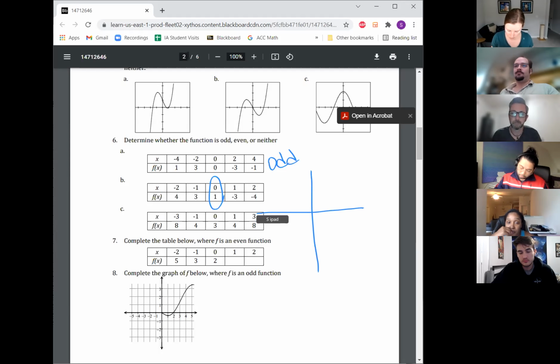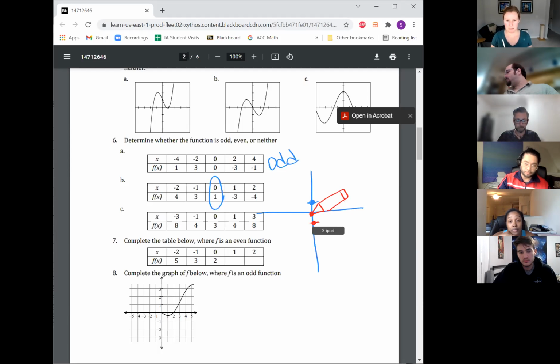And visually, that's because when I spin it, remember, I'm putting my pencil tip here, and I'm using that to spin my paper. So that's going to make it land down here, right? But there's no 0, -1 on the table. So it's not going to be odd, because if I spin it, it's going to land 0, -1, but I don't have a 0, -1.